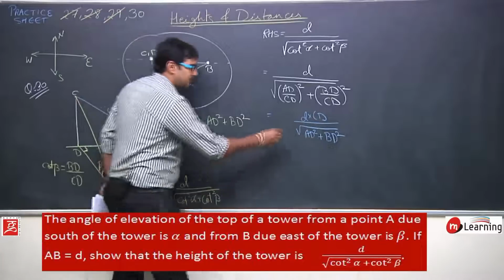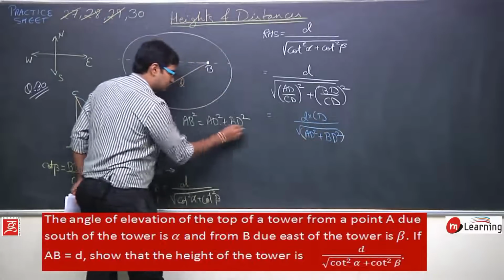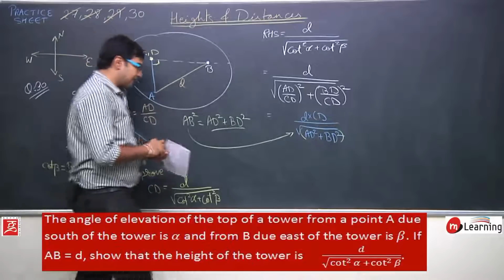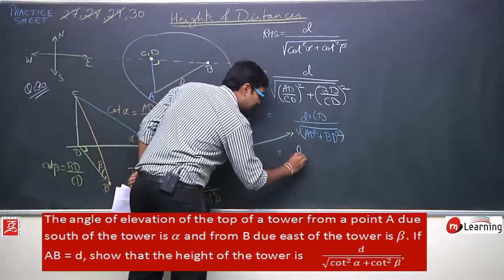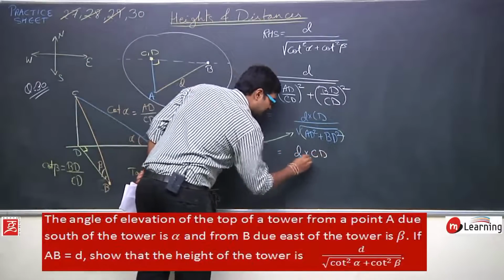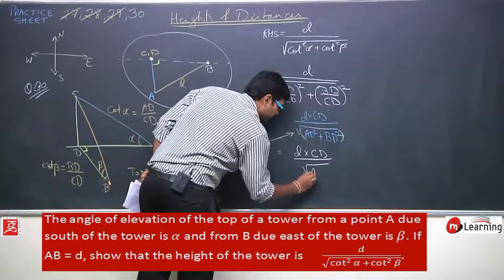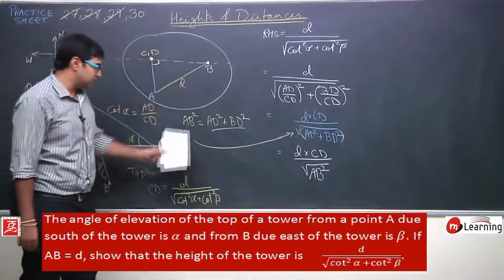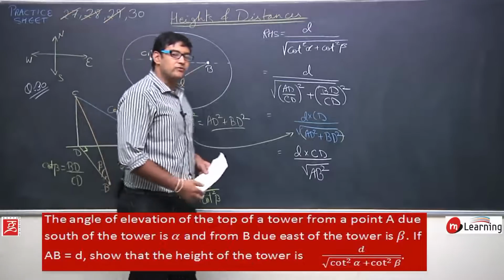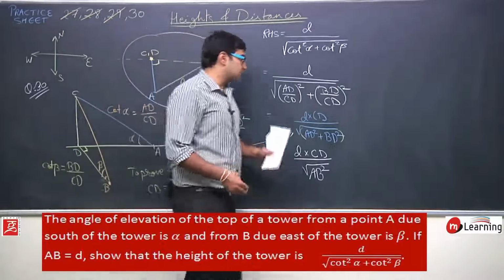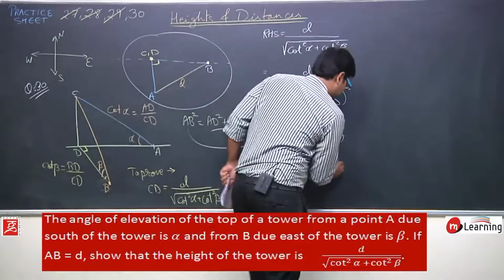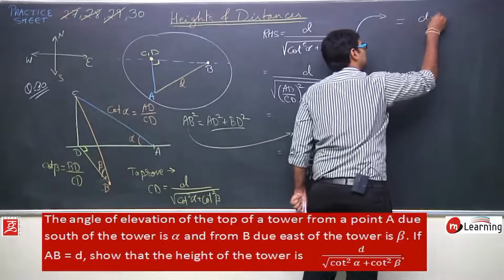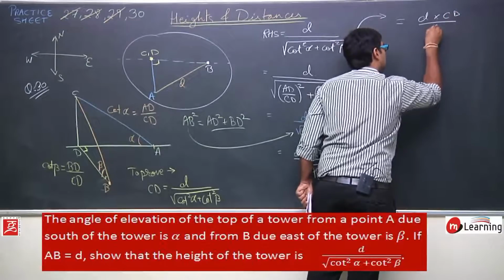So definitely in place of AD square plus BD square, I can substitute AB square. So what I will get is D into CD divided by square root of AB square, which is equals to D into CD upon AB.